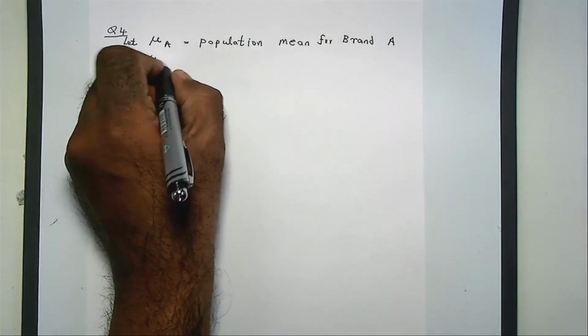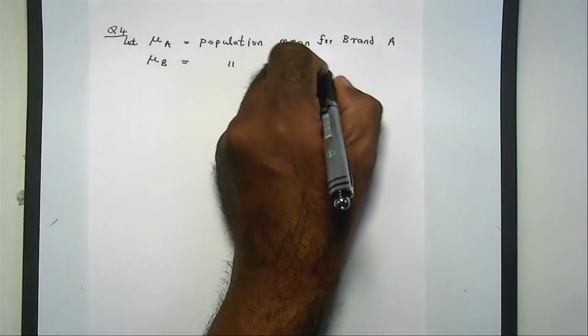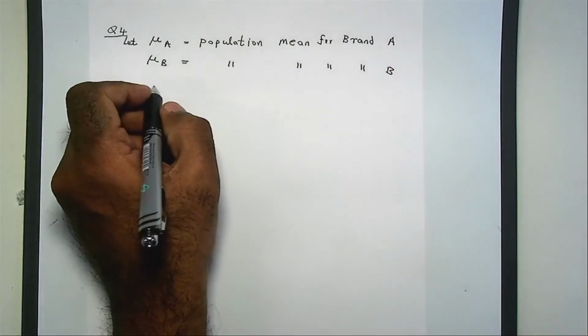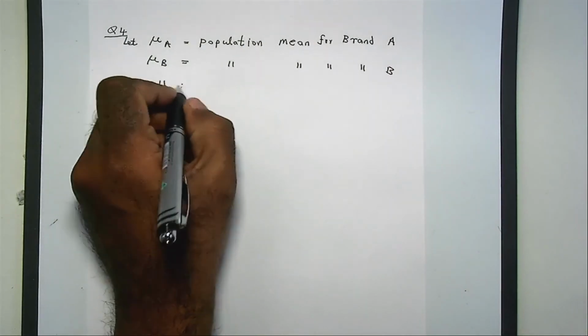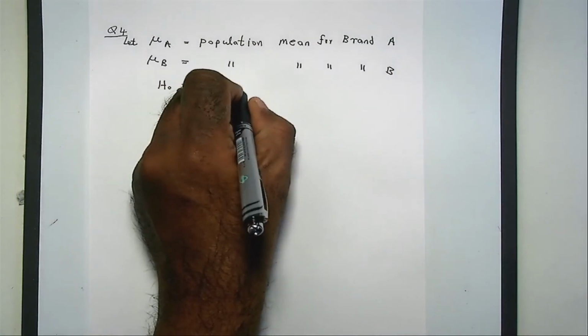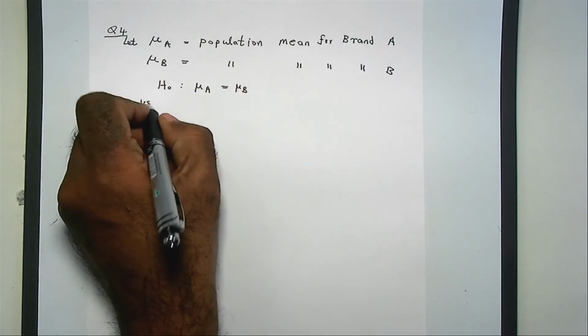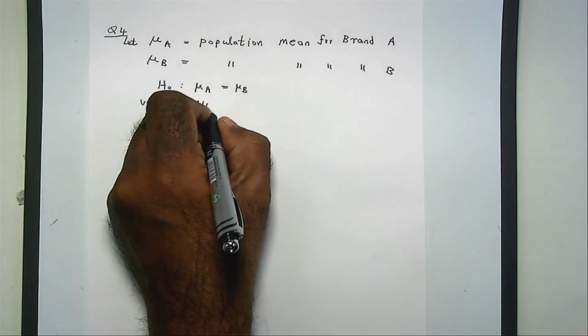And let mu B denote the population mean for brand B. So the test that we are interested in is the following. We are trying to test whether the population means are equal versus the alternative that they are not equal.